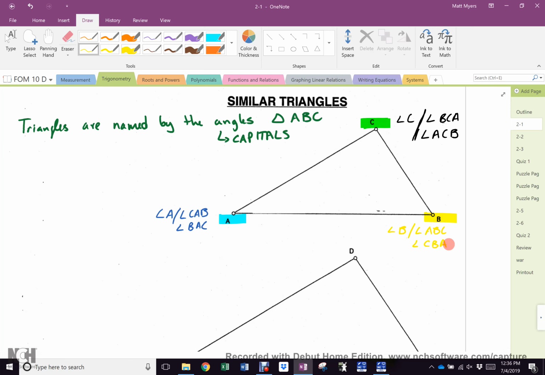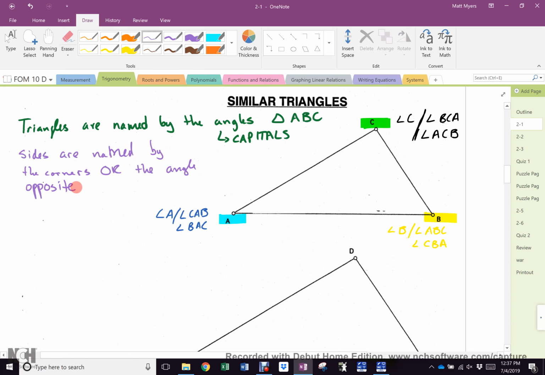We have talked about how to name the angles. Now we're going to talk about how to name the sides. Sides are named by the corners or the angle opposite. What does opposite mean in this unit?